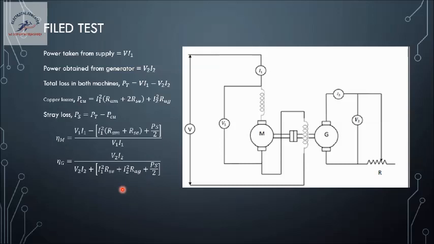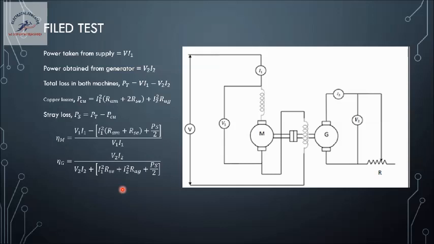Now this particular method can also be performed on two identical machines only. So this is also possible only for a manufacturer. It may not be possible for an individual customer who is buying a single machine. The power drawn from the supply will be very large, but the series motor's rating will also be very large.